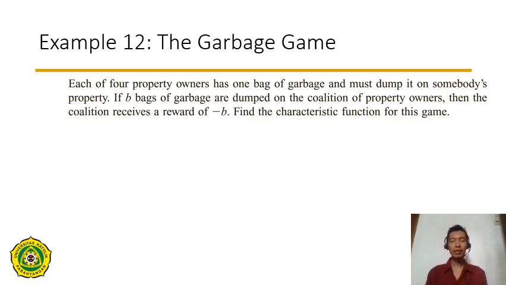If B bags of garbage are dumped on the coalition of property owners, then that coalition receives a reward of minus B. So if you receive 1 bag of garbage, you or your coalition, then your reward is minus 1. If you or your coalition receives, let's say 2 bags of garbage, then your reward becomes minus 2. Okay, find the characteristic function for this game.